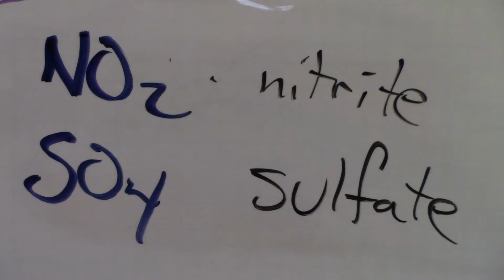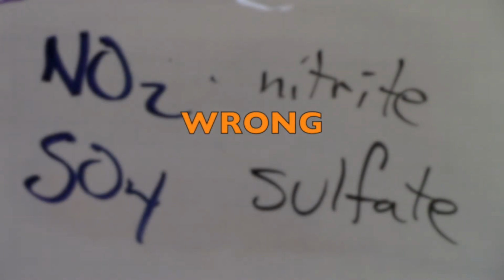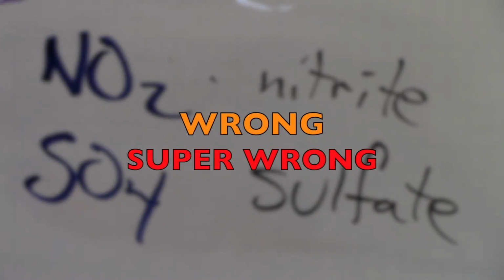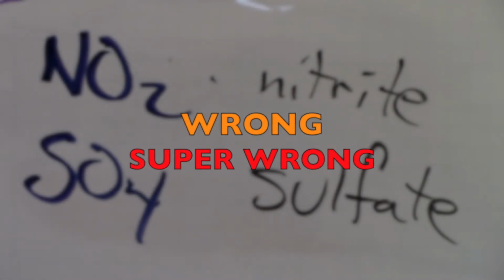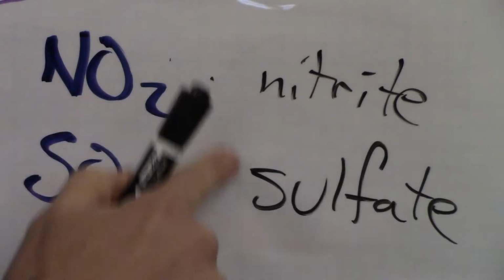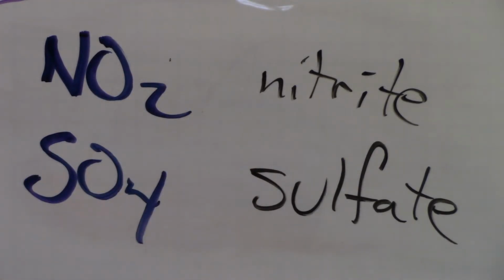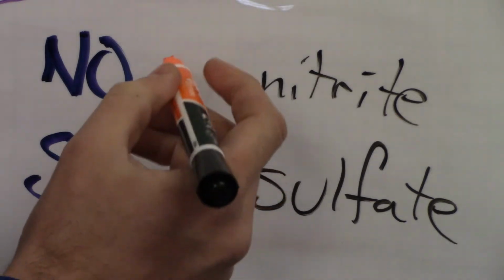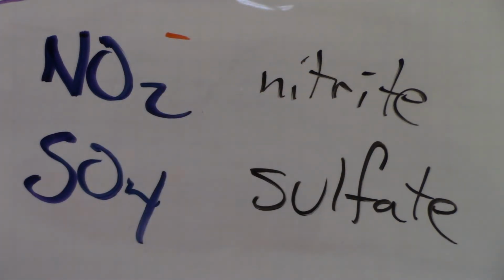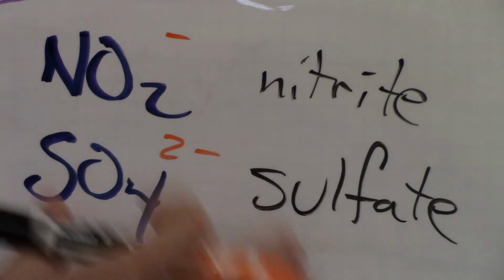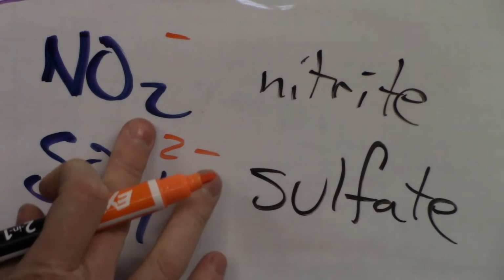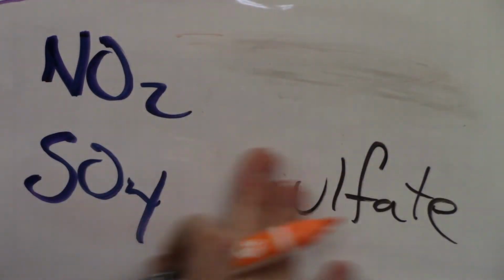That's wrong. This is super wrong. These are molecular compounds. These are polyatomic ions. If you don't know what a polyatomic ion is, go check out the other tutorial. But if you saw that there was a charge on this one, then they would be sulfate and nitrate. But these are molecular compounds. Just erase them.